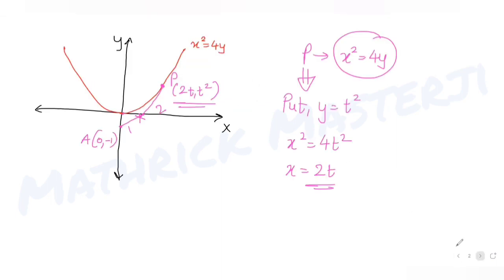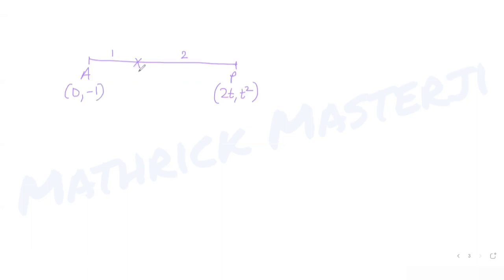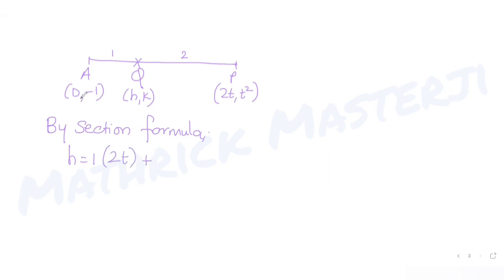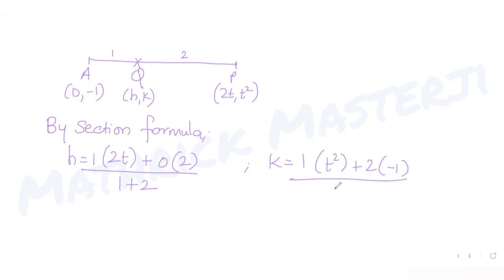So h is (1 into 2t plus 0 into 2) divided by (1 plus 2), and k is (1 into t squared plus 2 into minus 1) divided by (1 plus 2).